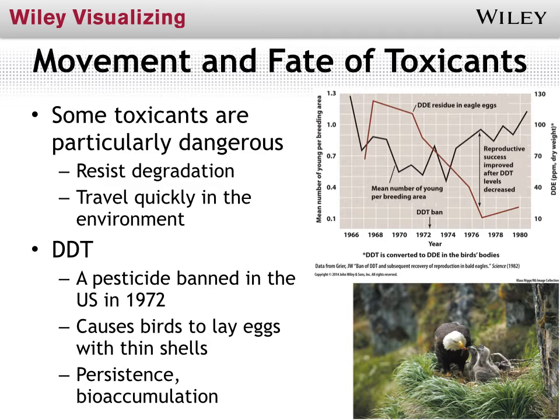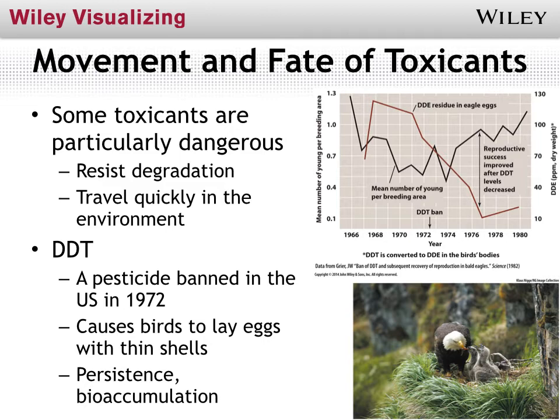So there are some of these toxicants that are particularly dangerous because they not only resist degrading in the environment, typically that means they're not water soluble. The environment is full of water. A chemical that breaks down in the water is going to tend to become less and less toxic very quickly.